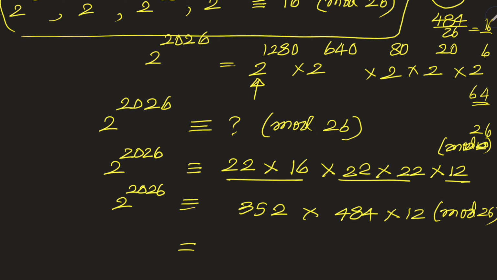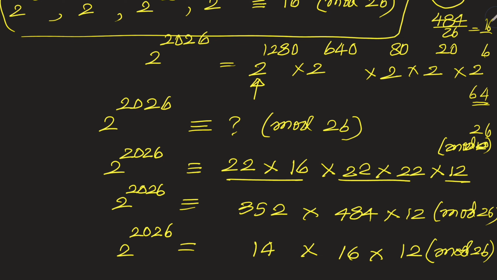Now 352, when you divide by 26, it will go 13 times and give the remainder 14. 484 we have seen already, it will give a remainder of 16, and this is 12, mod 26.